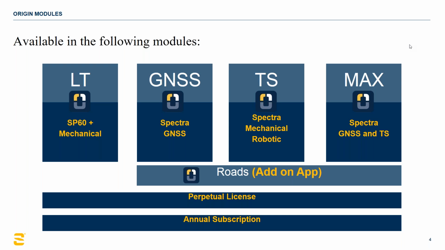And then we also offer this light version that will work with the SP60 plus the mechanicals such as the Nikon total stations. All of these are available as a perpetual, meaning you buy it once, you might maintenance it after that, or you can buy it on time as an annual subscription. And then the Origin Lite notwithstanding, the other 3 modules also have the ability to add on a roads module.